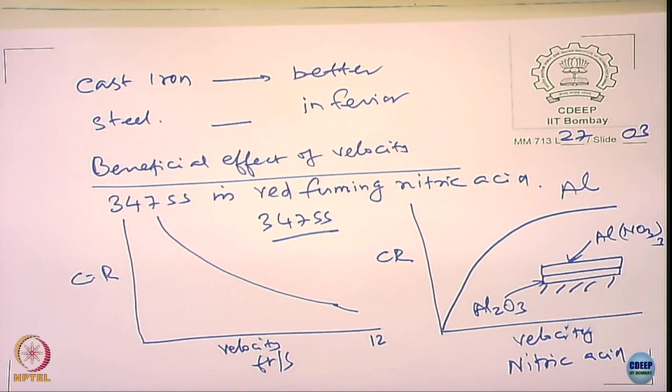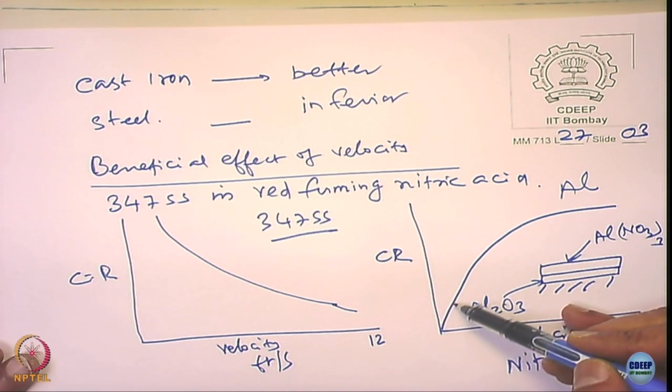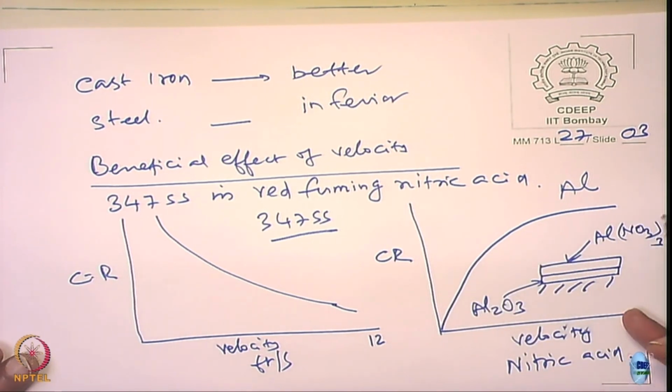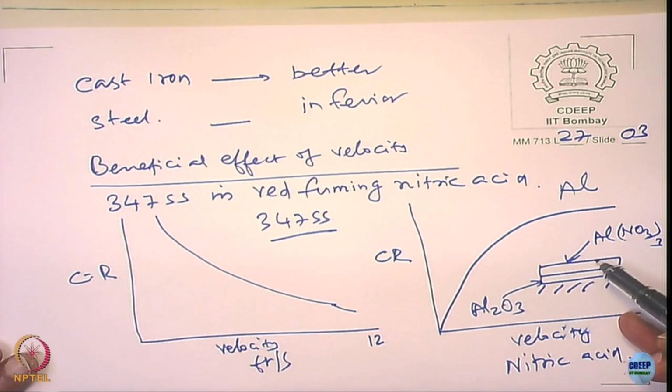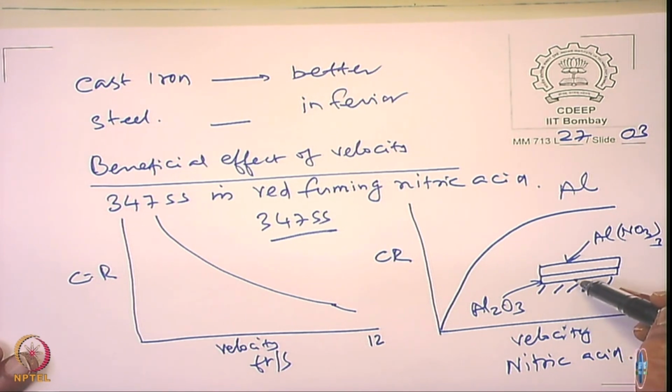Now, aluminum nitrate is a salt film, and if you increase the velocity, the salt film just gets disturbed and goes away. Aluminum oxide is quite intact. So initially the corrosion rate increases because of the removal of aluminum nitrate salt product. After this, the aluminum oxide remains on the surface, and the subsequent velocity does not disturb Al2O3, which is stable. So the corrosion rate does not change after this.